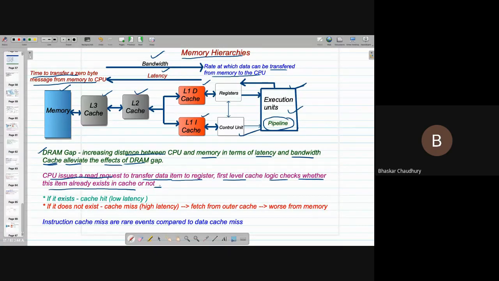So whenever the CPU requests data, the first thing done is to check whether that data resides in the cache. Now there are only two things which can happen. Either the data exists in the cache, in which case you get a cache hit, or it does not exist in the cache, and that is called a cache miss.